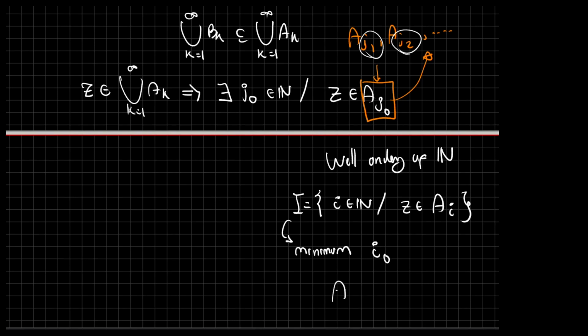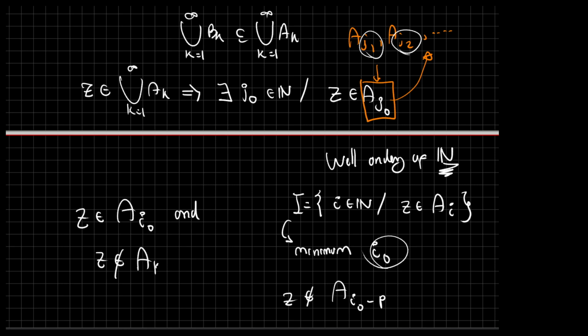If you have any k naught minus 1 or k naught minus p in general, zeta won't be there, because k naught is the minimal index in which zeta is included. So if this is the minimal index, then we have that zeta is in B k naught, and zeta is not in Ak for every k less or equal than k naught minus 1.